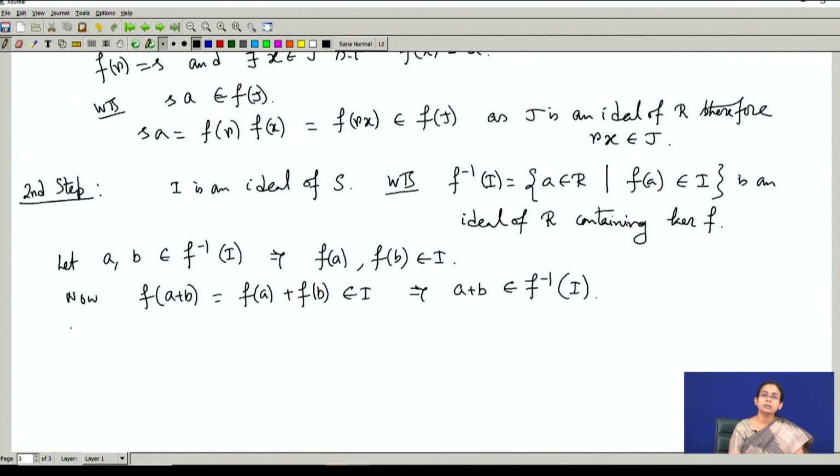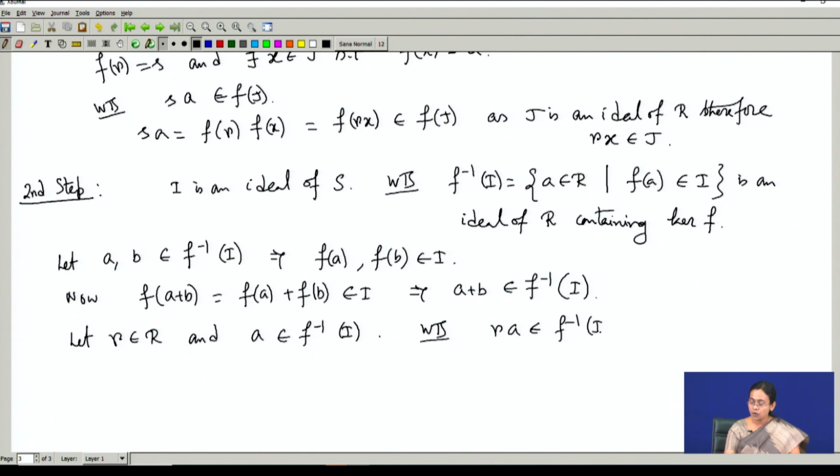Next, I will show that it is closed if you multiply with elements from the ring. So, let r be an element in R, and a an element in the pre-image of I. Then I want to show that r a will be in the pre-image of I. So, let us see. f of r a is what? f of r a is nothing but f of r times f of a, and by definition f of a belongs to I, and I is an ideal.